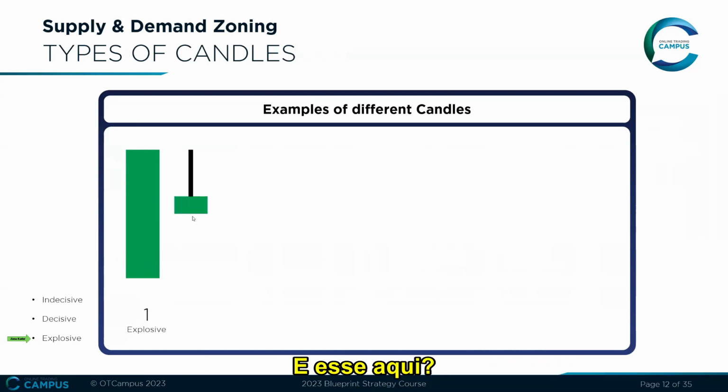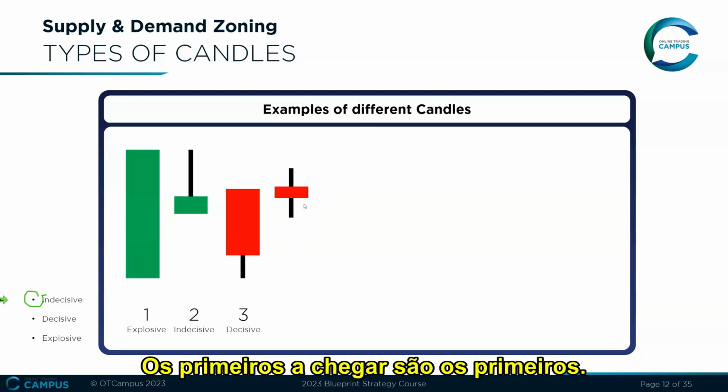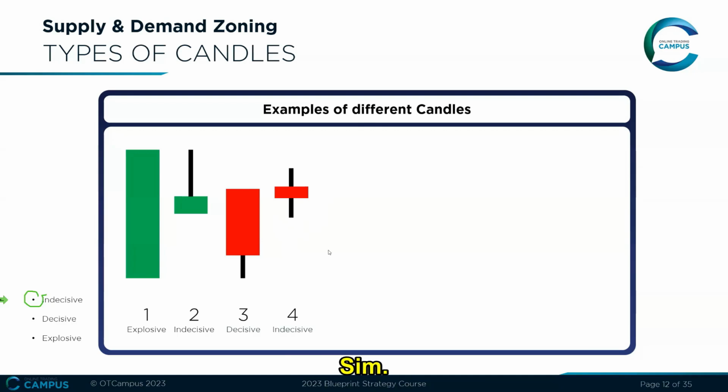What about this one? Indecisive. All right. Correct. What about this one? Decisive. Yes, I would agree with that. What about this one? Let's fire them out, first come first. Indecisive. Yes.